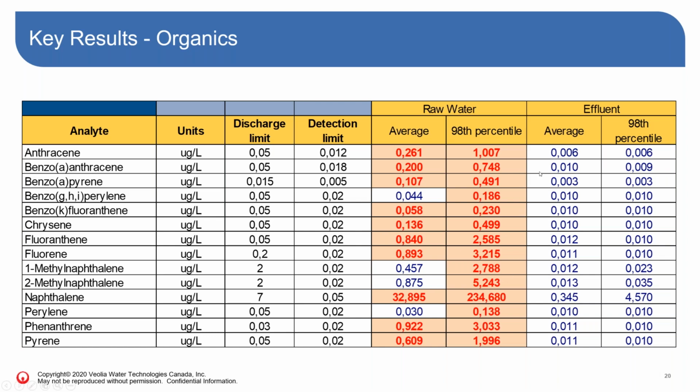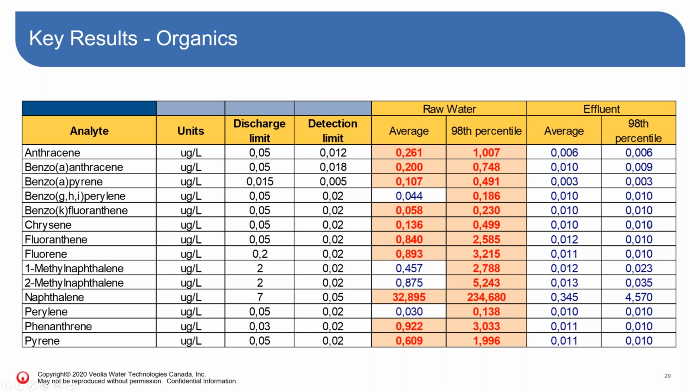One of the issues we have here is that it's difficult to know how good we are because we have detection limit issues. You see that for some parameters, like chrysene as an example, the average and the 98th percentile are the same. It's because we're below detection limit for all our samples. So we are probably better than two-log removal for those.